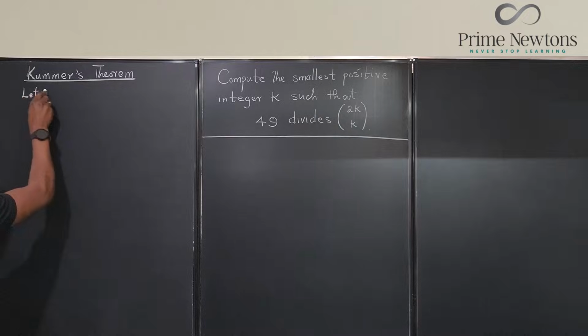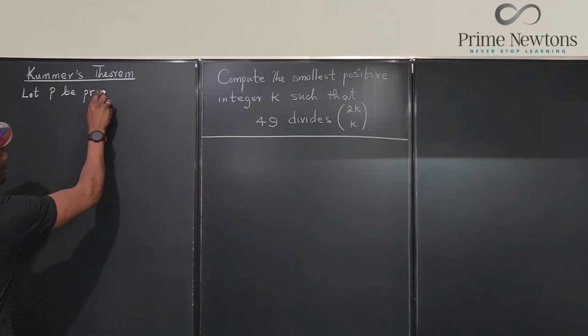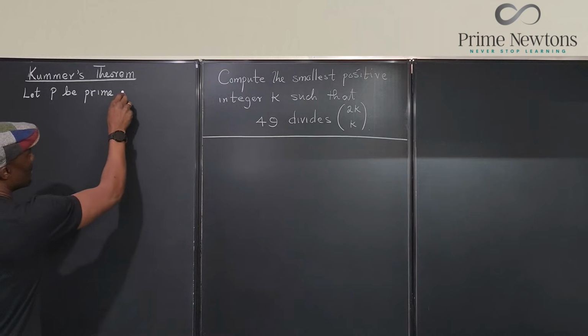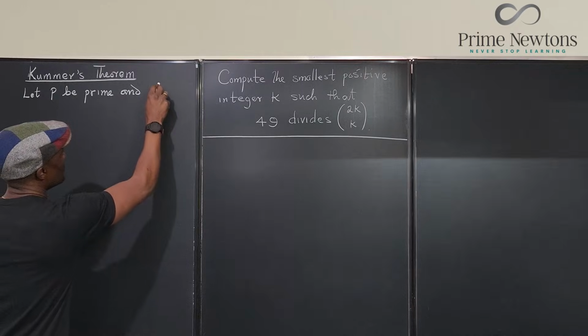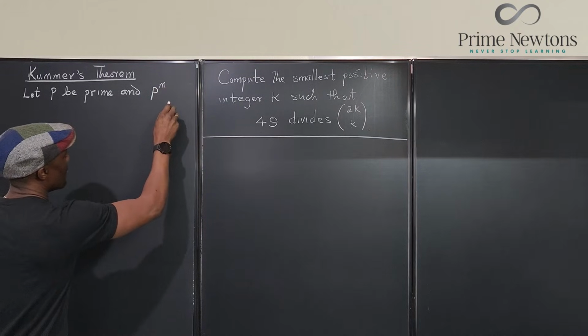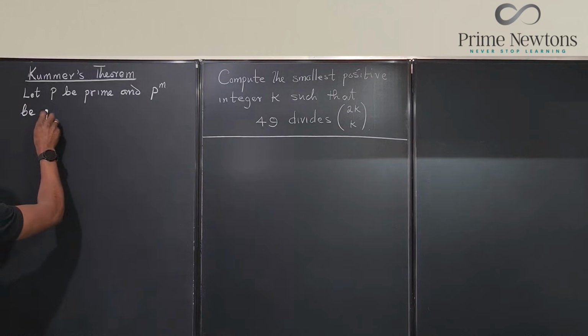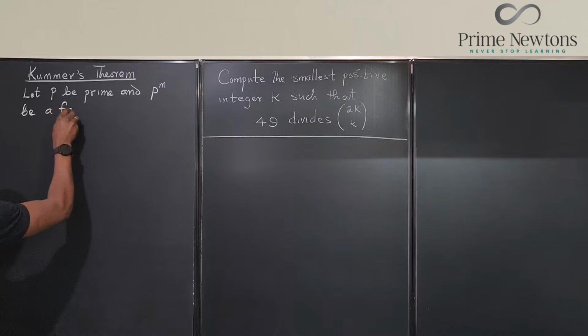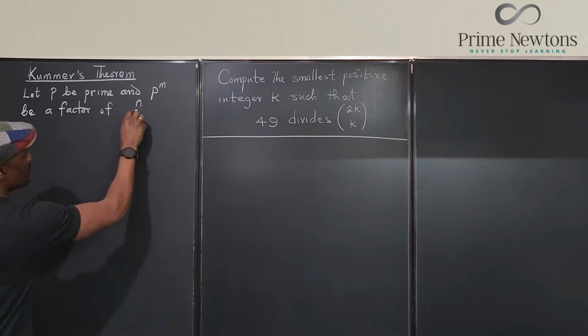Let p be prime and p to the m be a factor of n choose k.